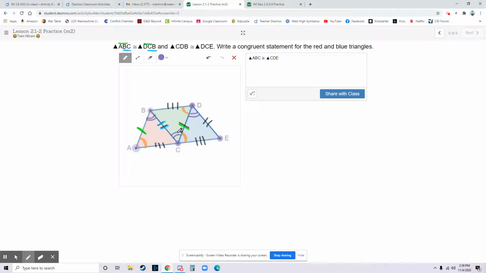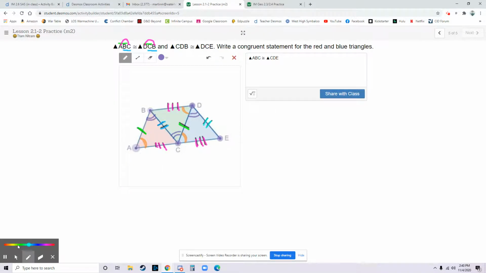So obviously it's congruent to itself. And then the third segment, AC, should be the same as DB. So here's AC and here's DB. So I marked all of the segments using those congruence statements that were given to me. And then I used that information to write a correct congruent statement for the red and blue triangles.